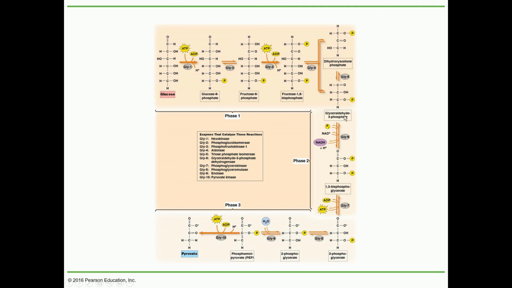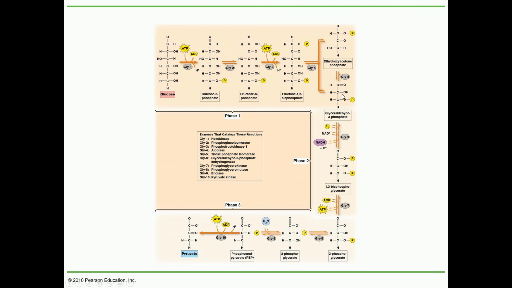So at this step there are 2 molecules of glyceraldehyde 3-phosphate. After this, whatever happens, you have to multiply by 2, because dihydroxyacetone phosphate gets converted into glyceraldehyde 3-phosphate. Now glyceraldehyde 3-phosphate is converted into 1,3-bisphosphoglycerate.